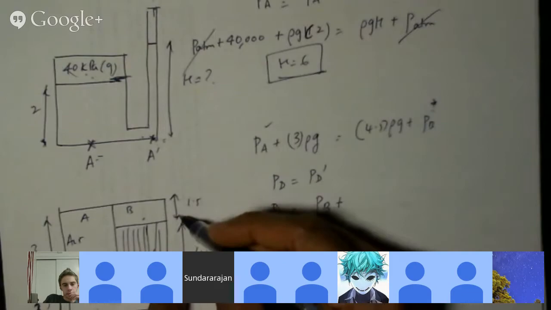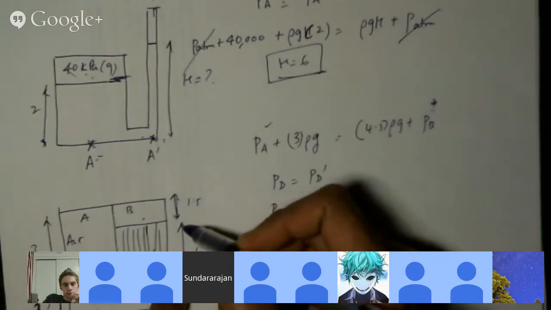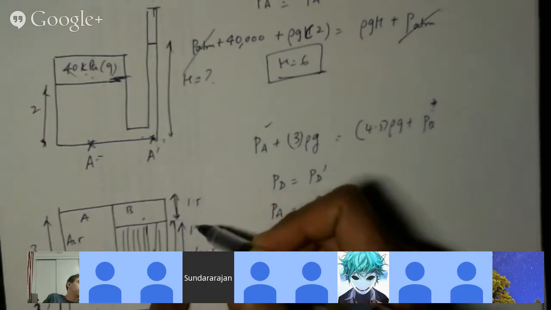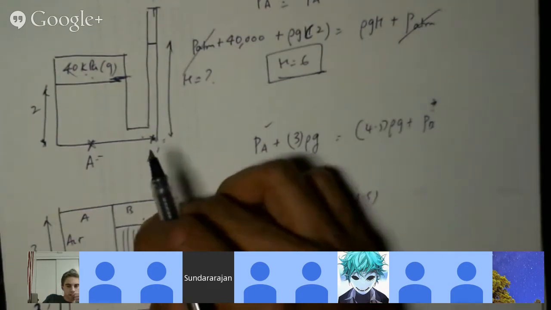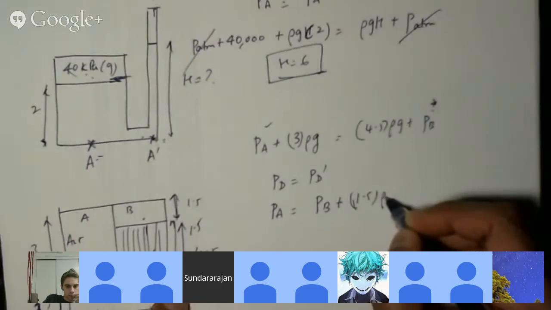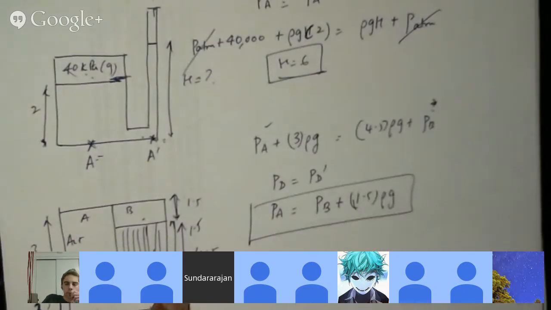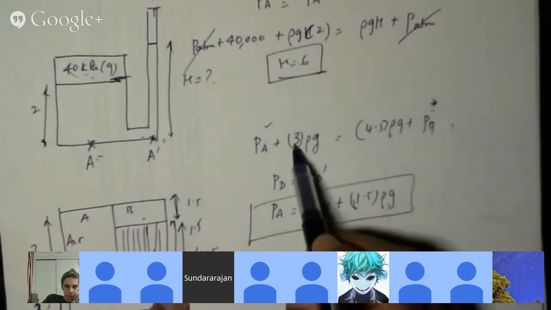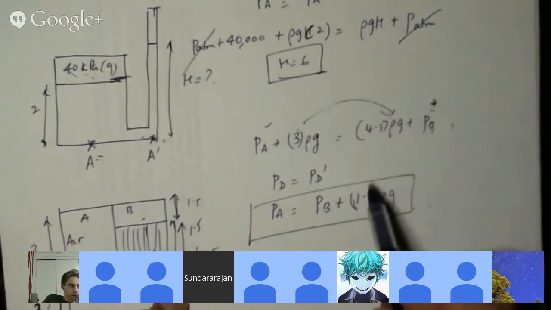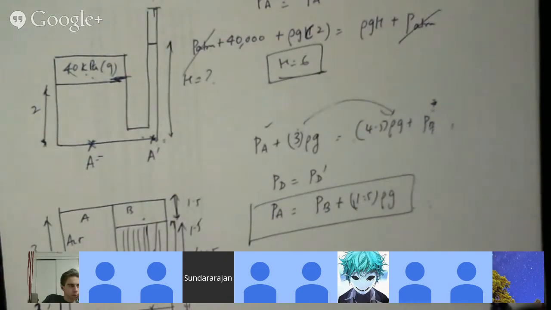Wouldn't it be 1? This is 3, so this is 1.5. Yeah, it would be that height. They'll both give the same answer, obviously. See, because if I take this over to the other side, I'll get 1.5. Right?